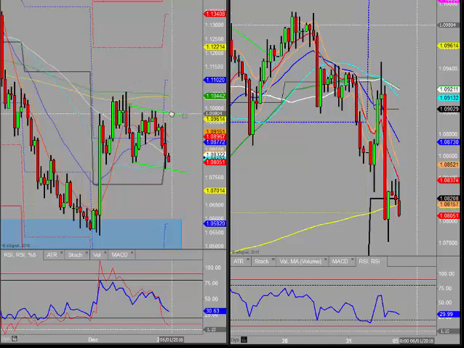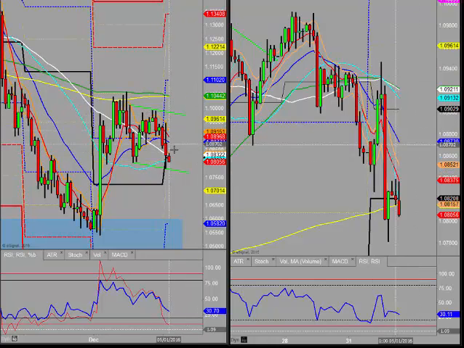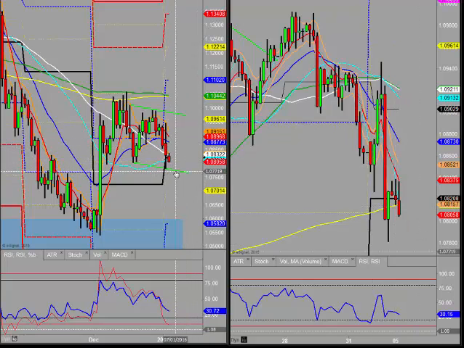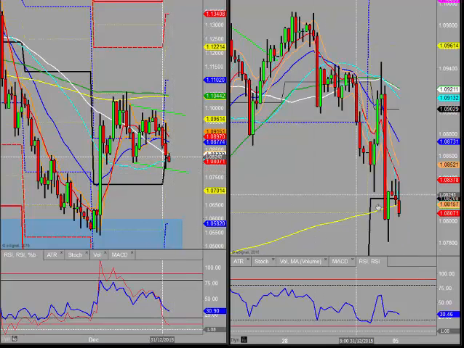It's probably not as neat as I thought it was, but it looked like there was a little channel going on. Perhaps there is. It looks like we could just come back towards the lows of that little channel that I've drawn on there, sitting there, looking relatively weak.